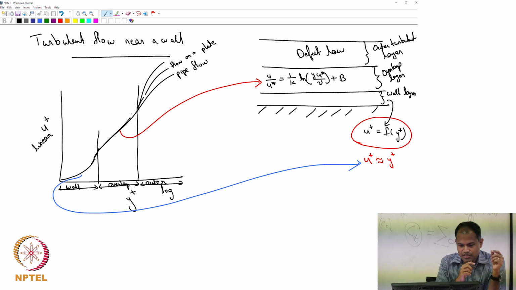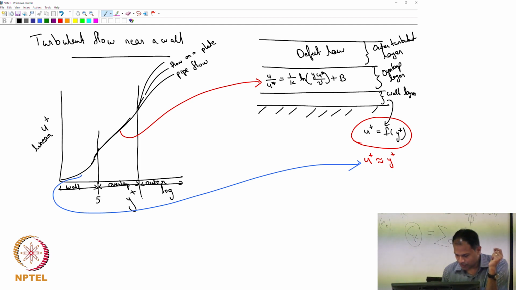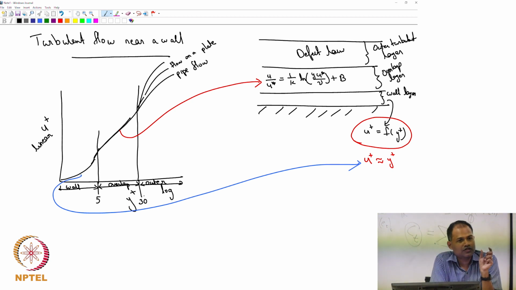All right. The wall layer in this coordinate is approximately up to y plus of 5, and the overlap layer is found to be approximately up to 30. These are all experimental measurements; there's no way to really calculate that.